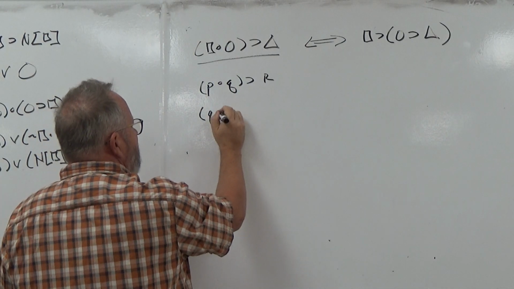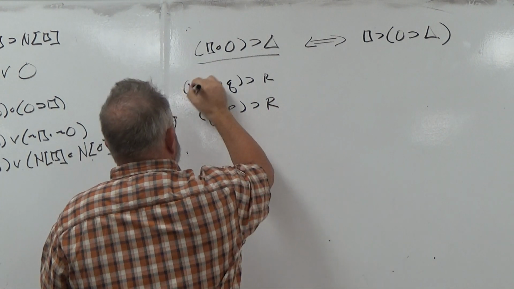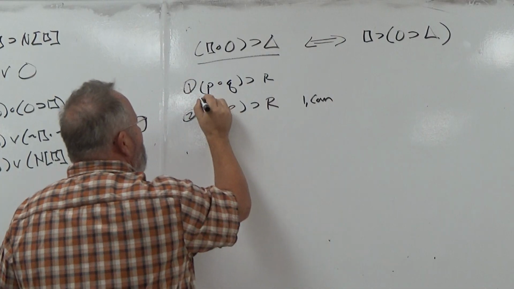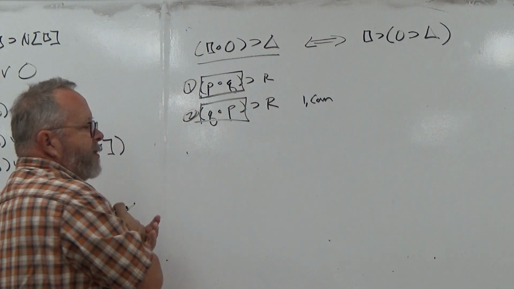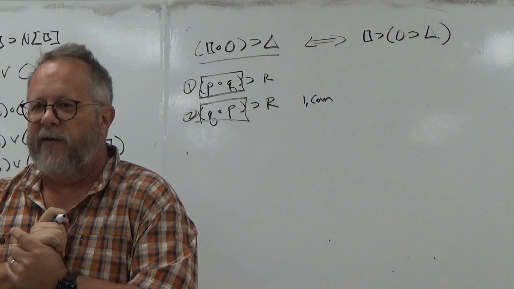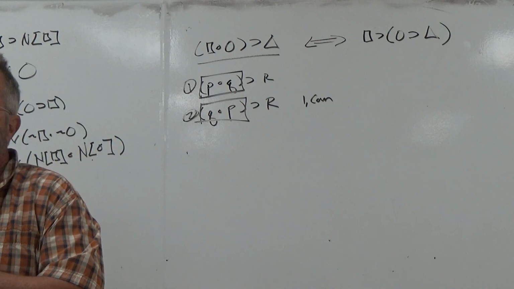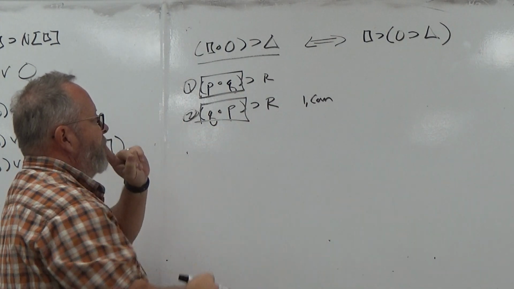I could say Q and P, then R, suppose that's 1, from 1 by COM. So I applied COM to just part of the sentence. Does everybody understand that? Okay? And then I could go on and do my distribution.